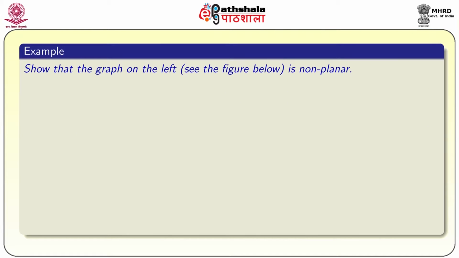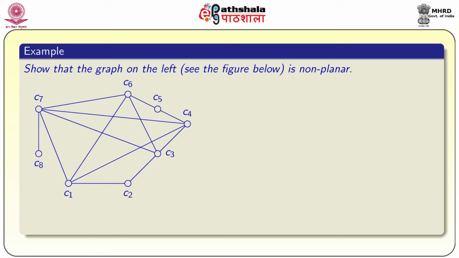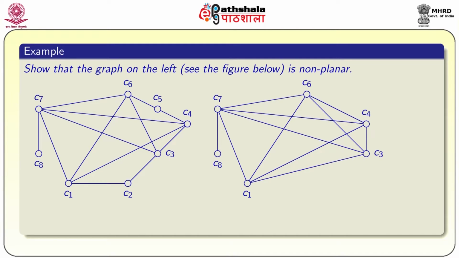An example to show that the graph drawn below is non-planar. So, the graph is given like this. We have to show that this graph is not planar. We are going to prove this by using Kuratowski's theorem. If you look at the other graph on the right, it is easy to see that this graph is obtained from the first graph by series reduction, and this graph contains K5 as a subgraph.